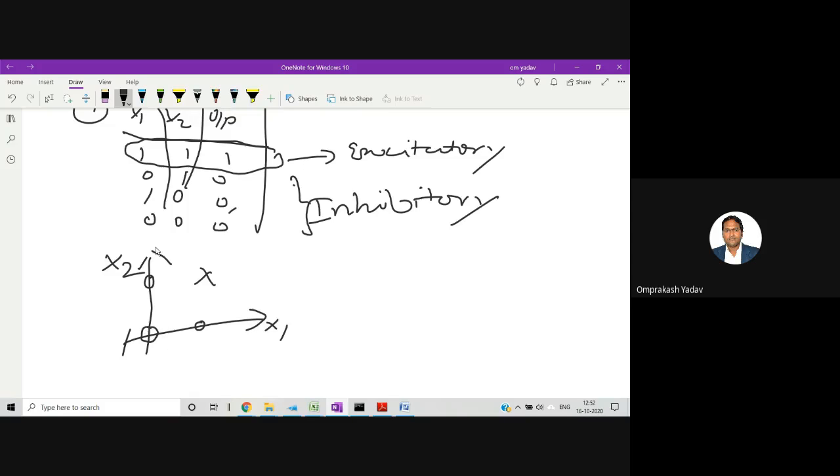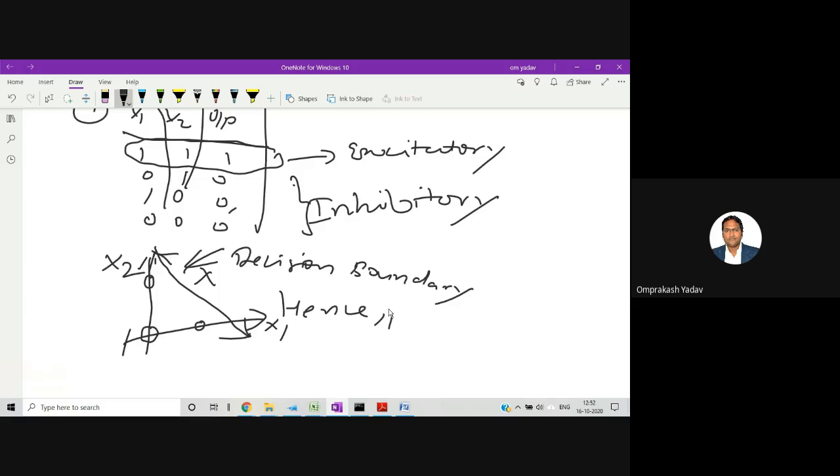Now this problem we can separate by one single line. This is the decision boundary. By the decision line, we can easily separate both the classes. Hence it is a linearly separable problem. You must write this statement.